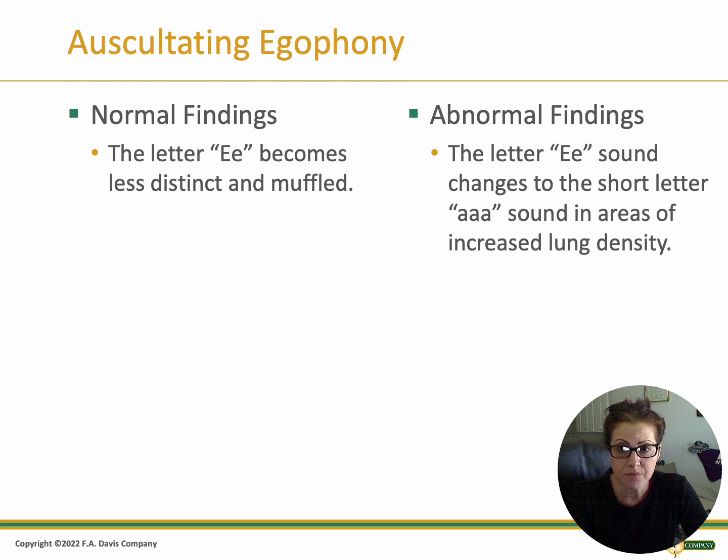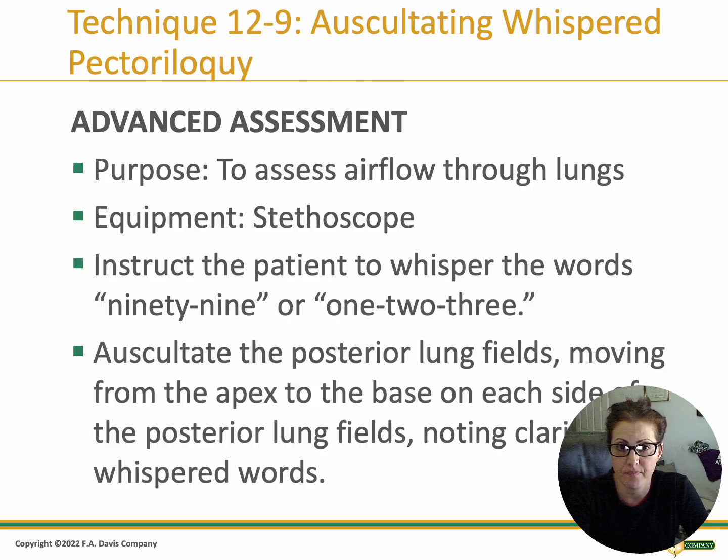And again, the normal sounds would be the letter E, but less distinct rather, and more muffled. If it's an abnormal finding, you would hear a more crisper, clearer sound, and that would indicate increased lung density or consolidation of the lungs.